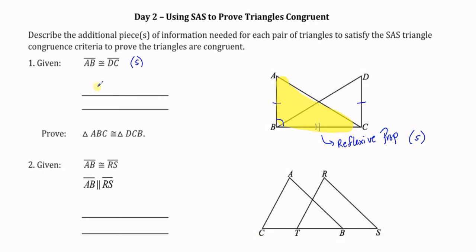So that would be angle ABC in this yellow triangle, and it would be angle DCB in the second triangle. That would be what we call the included pair of angles. And then we'd be able to use side angle side.